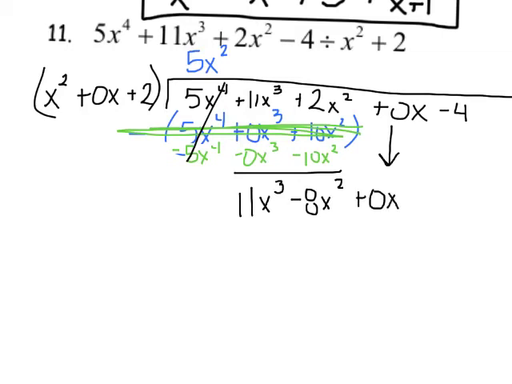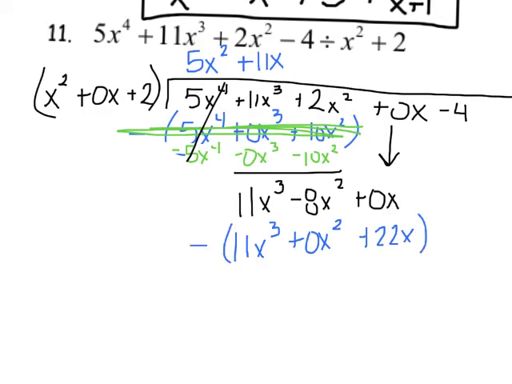All right, repeat your process. So what times x squared is 11x cubed. So we need the 11. We also need another x. So plus 11x. So that makes 11x cubed plus 0x squared plus 22x. Parenthesize, subtract.